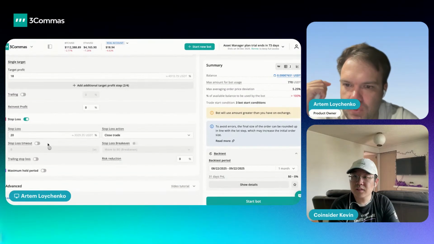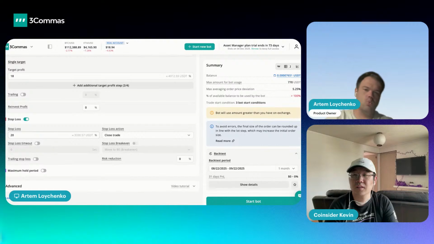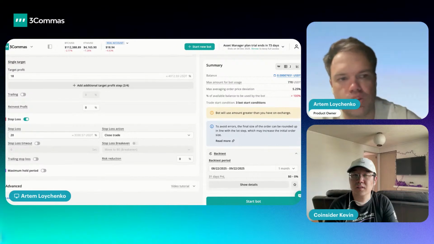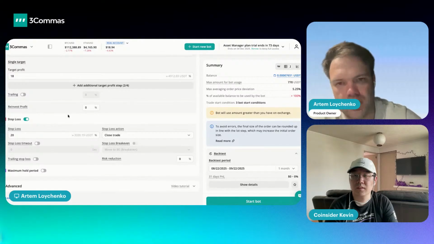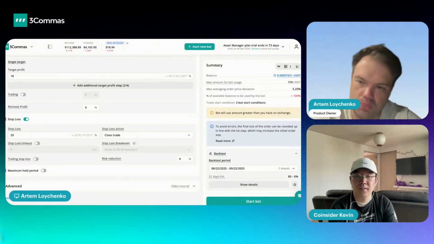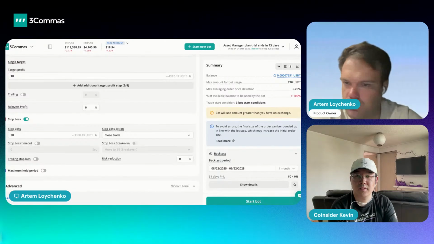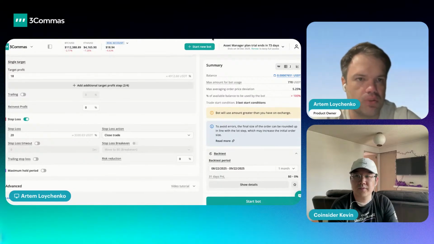We have a stop loss of 20, but considering that the strategy is DCA, we always hope that we will not be stopped out because we hope that we will average and then it will go up. Got it. But I prefer to have a stop loss just in case the market would simply die. That's why I would love to have the stop loss.